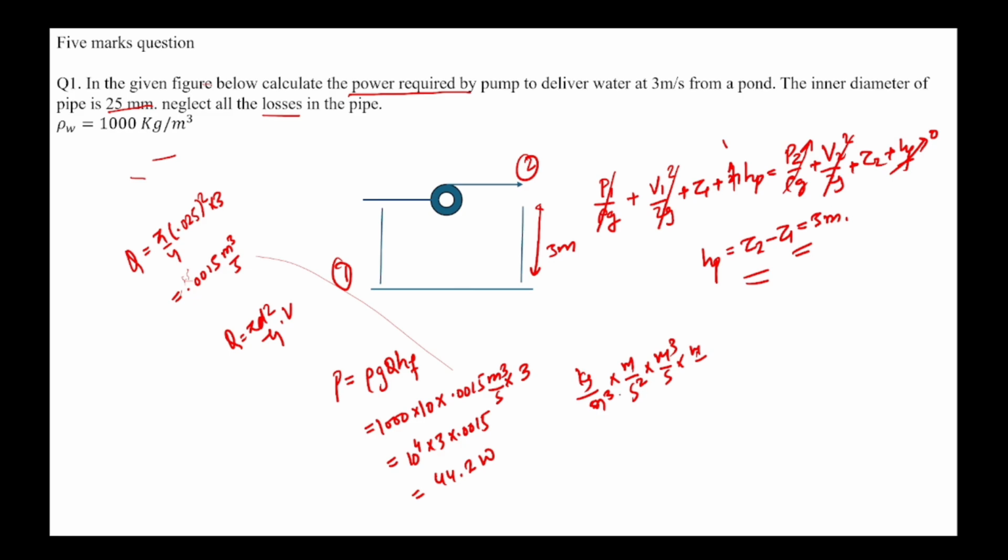So kg meter per second square is Newton, Newton meter per second. Newton meter is joule, joule per second. Joule per second is watt. Okay, so 44.2 watt.